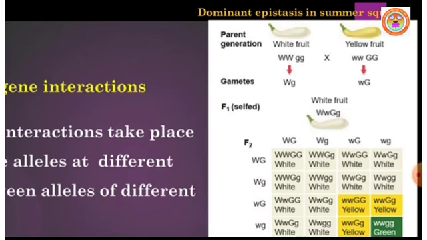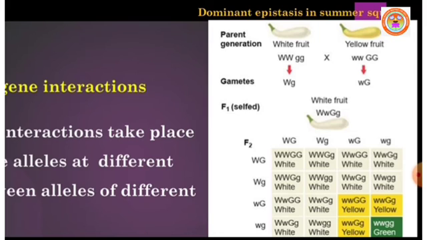It won't be green. Third condition, if both the epistatic allele capital W and the hypostatic allele capital G are absent, in the double recessive condition, the color of the fruit will be green. Its genotype is small w, small w, small g, small g.